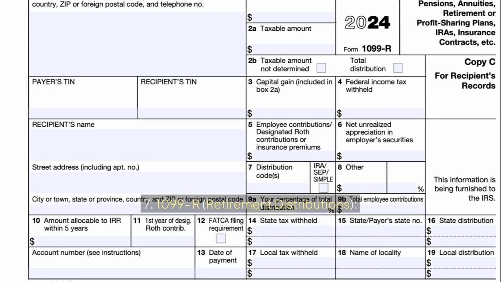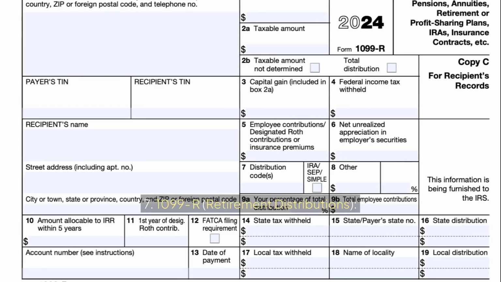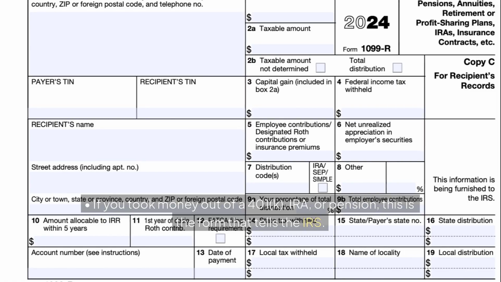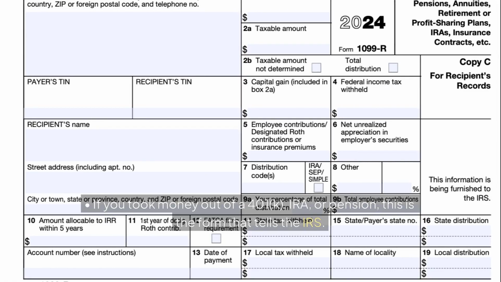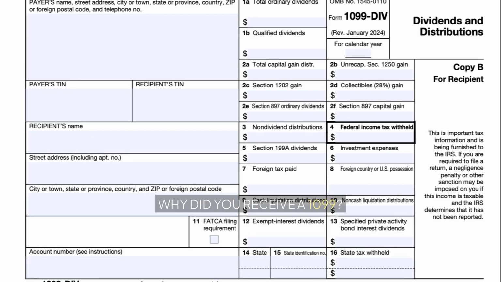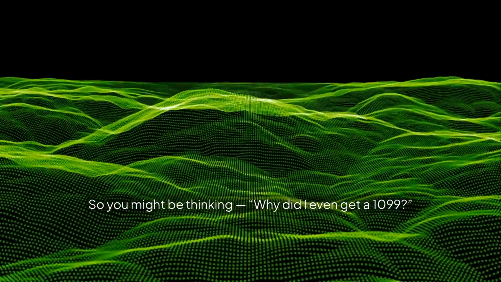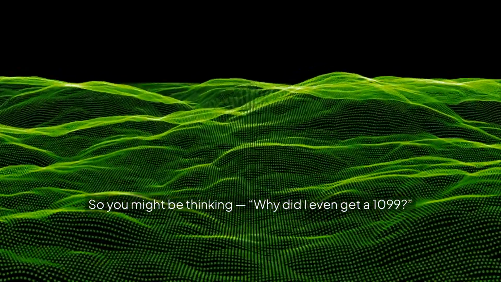Next, 1099-R form, retirement distributions. If you took money out of a 401k, IRA, or pension, this is the form that tells the IRS. Why did you receive a 1099? So you might be thinking, why did I even get a 1099?